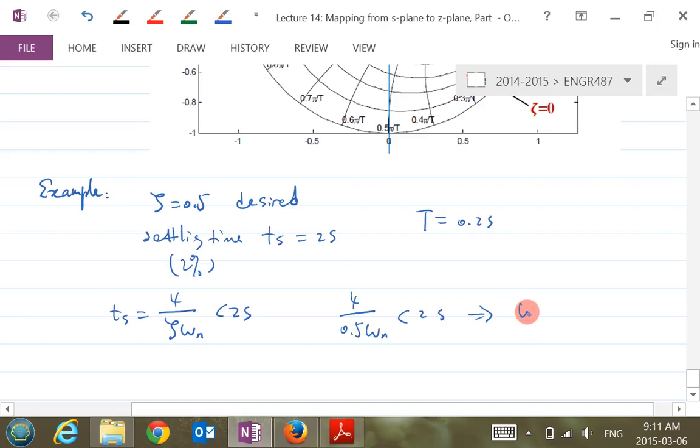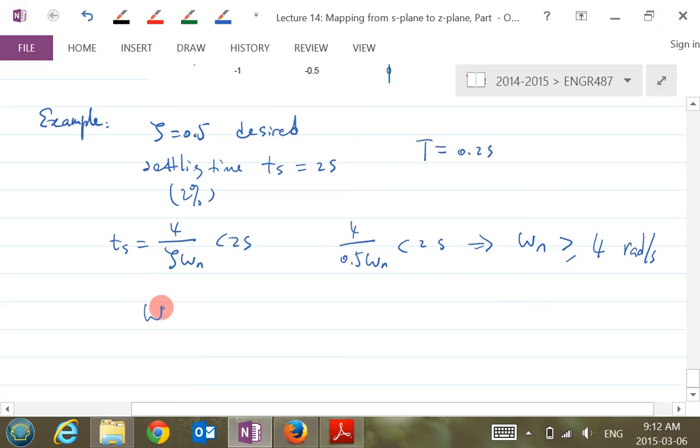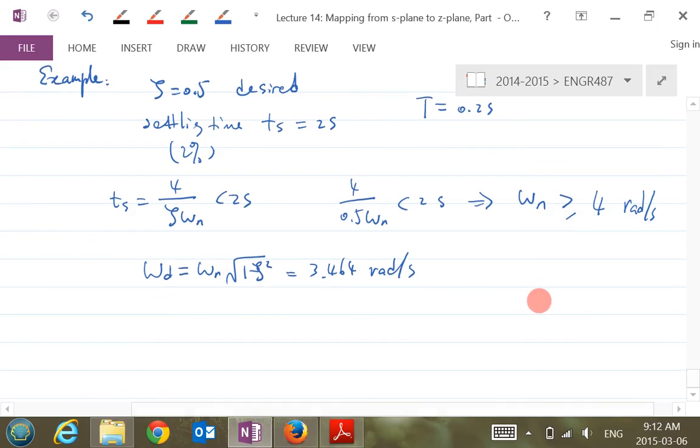That basically means your omega n needs to be greater than 4 radians per second, given the current settling time requirement. Then your omega d, the damped natural frequency, is this one here.